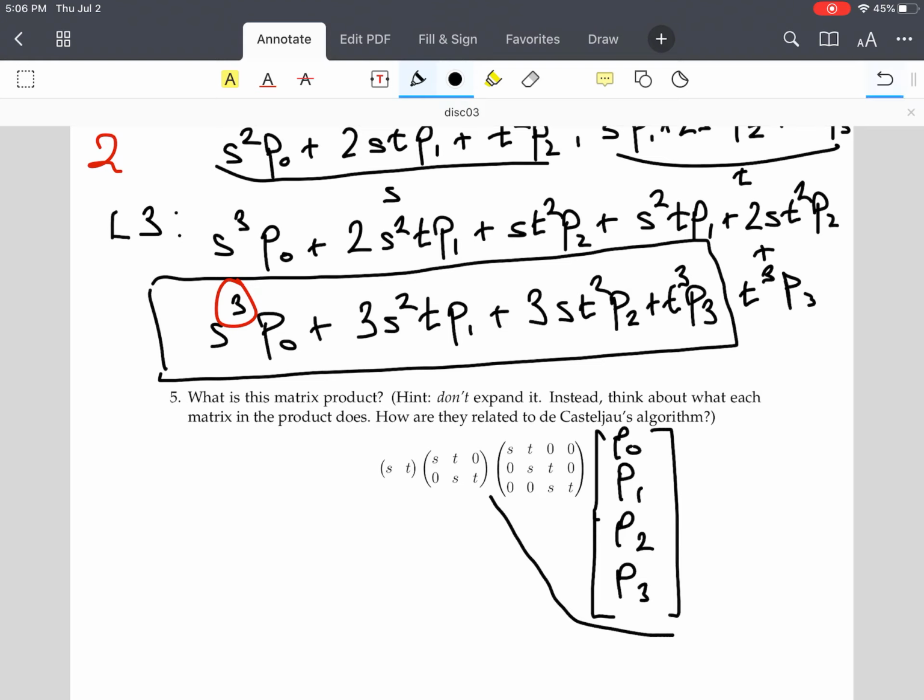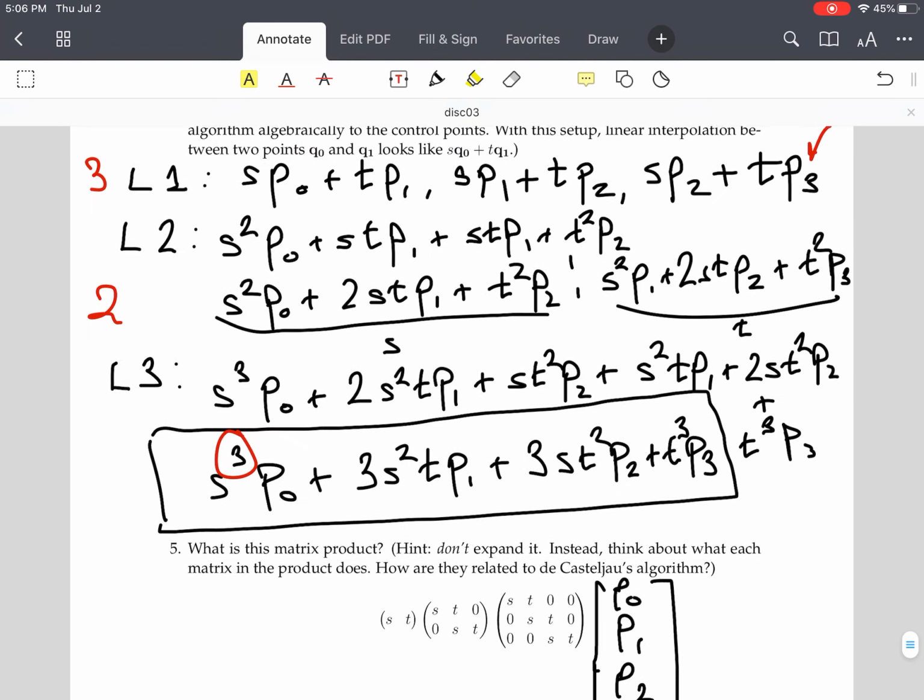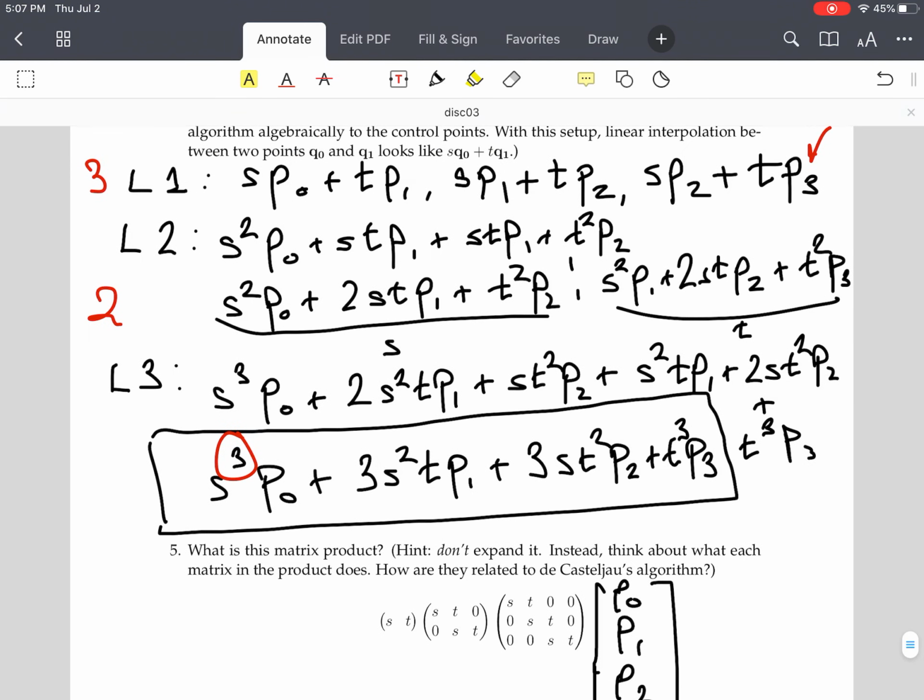And then if we look at the next round, then it's going to be s times the first point plus t times the second, and s times the second plus t times the third. But that's exactly what we did here in level 2. Right there. S times the first plus t times the second, and s times the second plus t times the third.